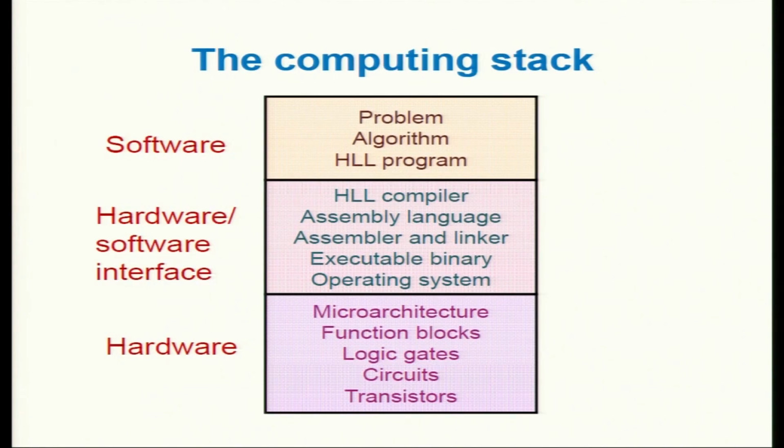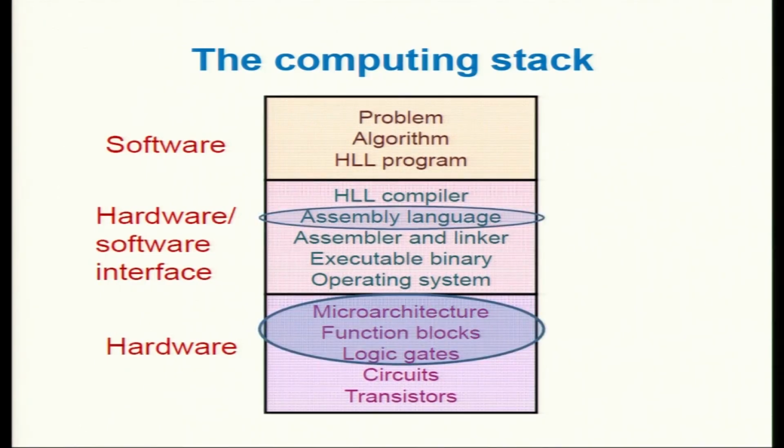And at the bottom, we have this hardware layer, which is microarchitecture, function blocks, logic gates, circuits, transistors. And in the middle sits our compiler, assembly language, assembler, linker, which leads to the executable binary, and of course the operating system, which is sort of an intermediary between the upper portion and the lower portion.